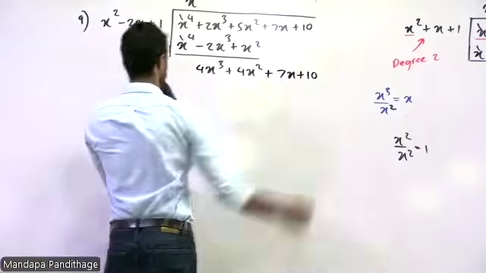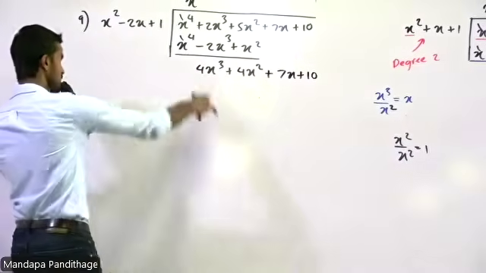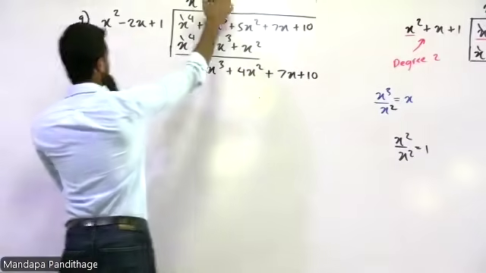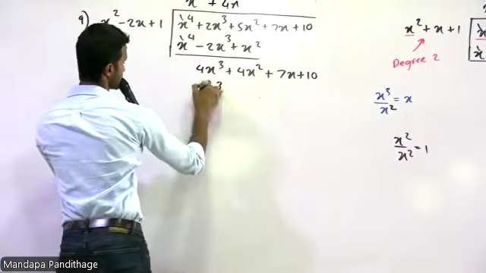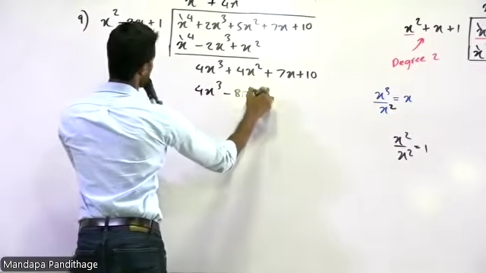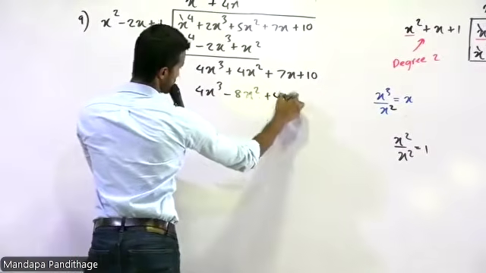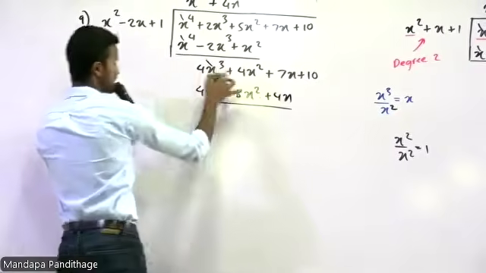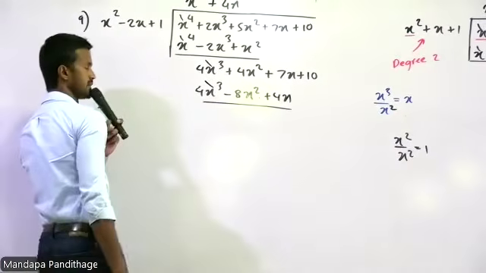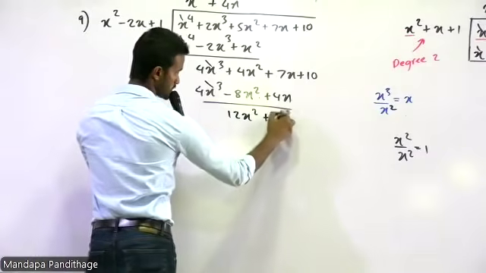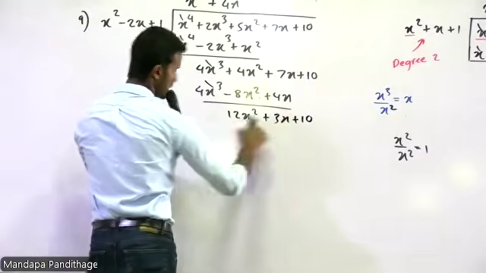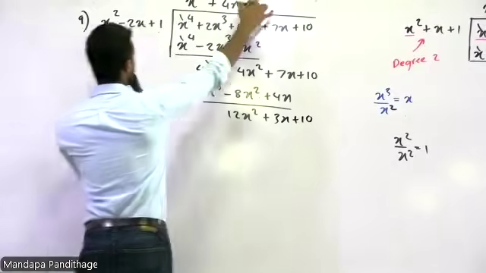7x plus 10 comes down. 4x cubed divided by x squared, it's 4x. Multiply: 4x cubed minus 8x squared plus 4x. These two cancel off. 4 minus minus 8 is 4 plus 8, which gives you 12. 7 minus 4 is 3x plus 10. 12x squared divided by x squared is 12.